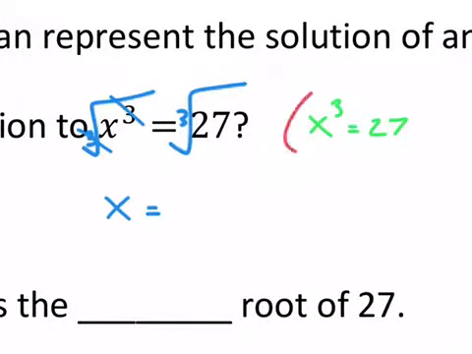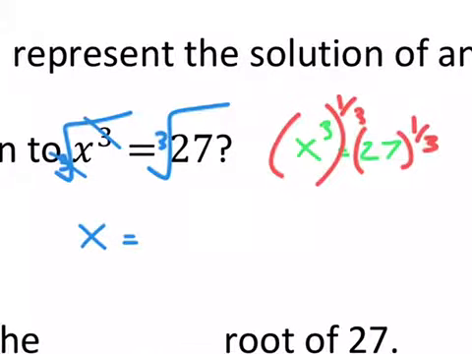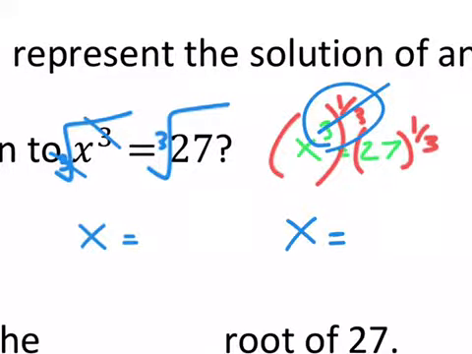Another option would be to raise both sides to the 1/3 power. Because this is just power rule, 3 times 1/3 would cancel out, leaving us with x, and then 27 to the 1/3 power, which is the same thing as the cube root of 27.